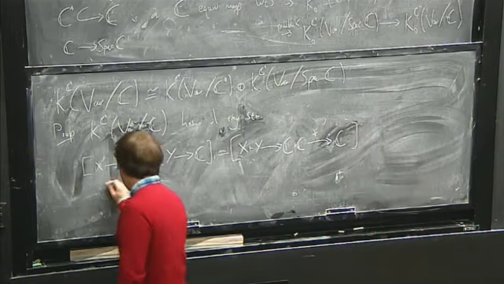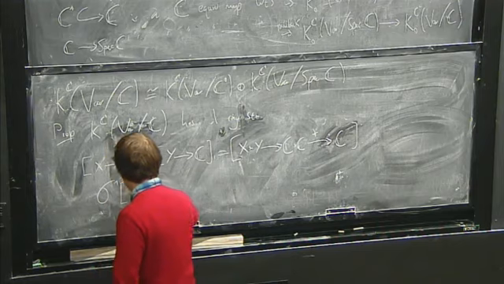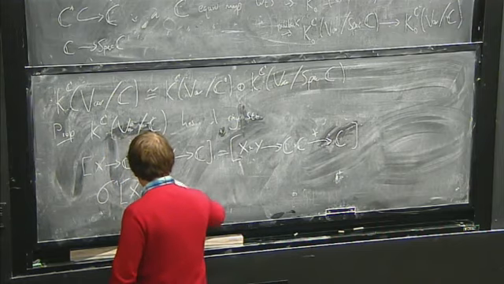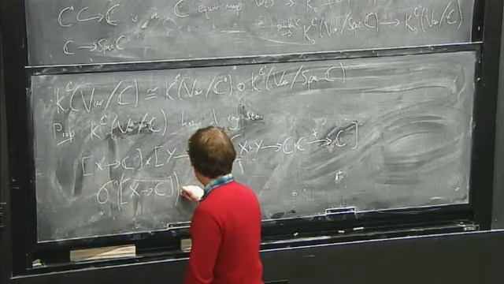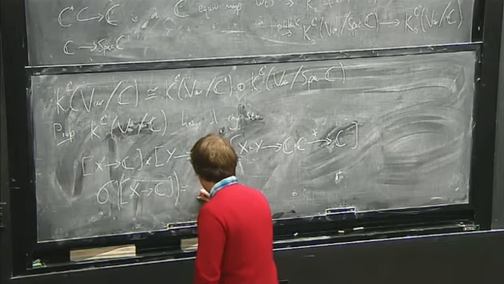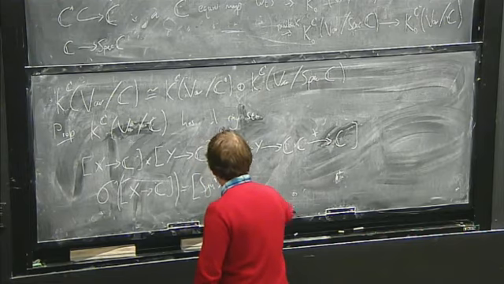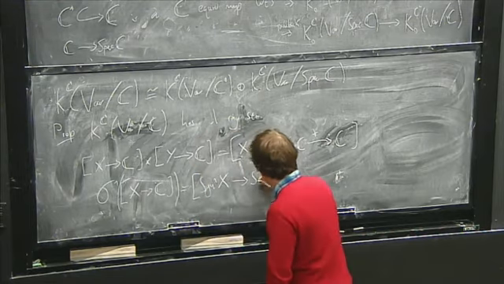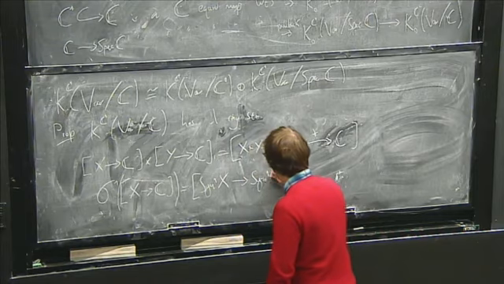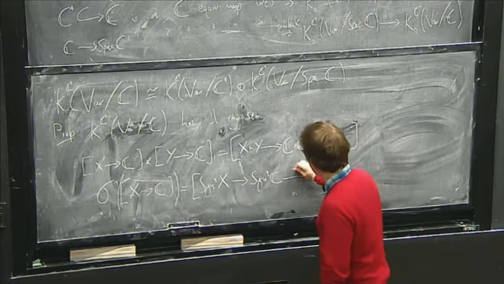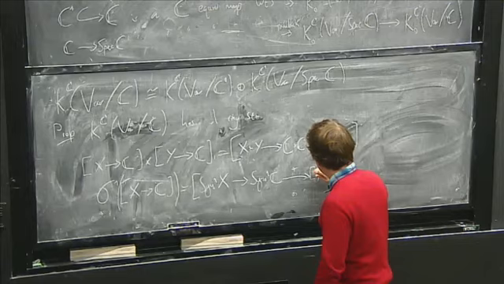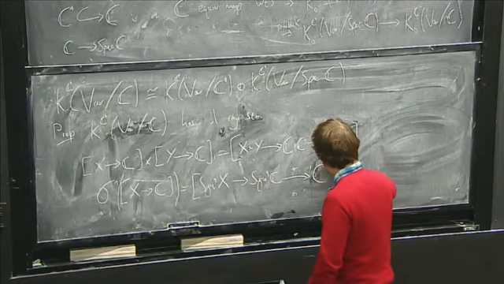And sigma n of X mapping to C, again, is the natural thing. I just take Sym n X mapping to Sym n C, and then again I push forward via addition to C.